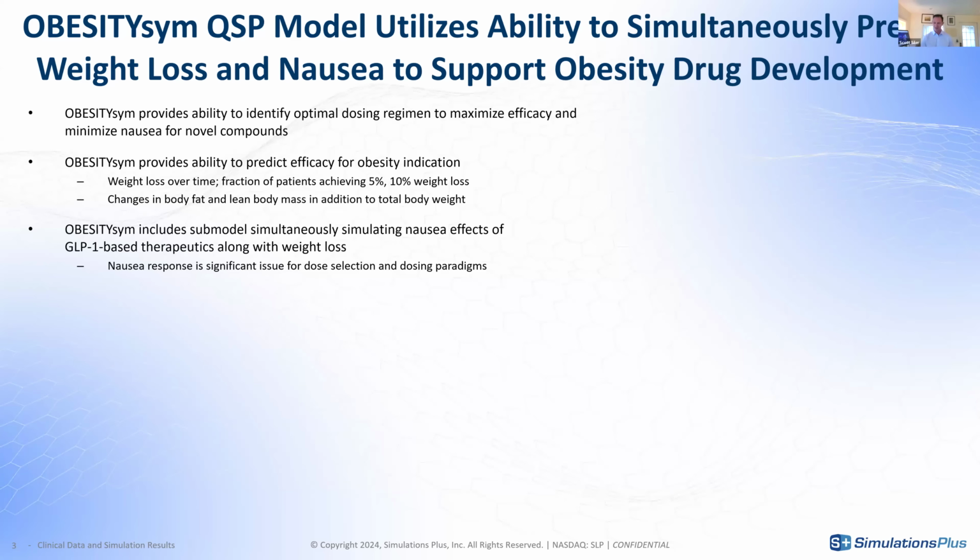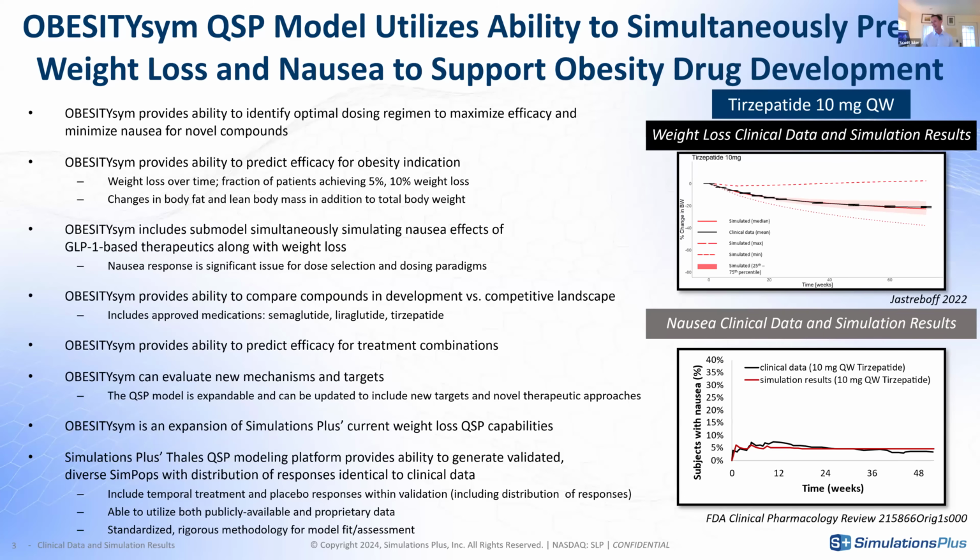It's really walking the line between the two that dictates the success and utility of a treatment for obesity. And so we've included many of the key indicators and outputs that align with predictions of efficacy as well as nausea.